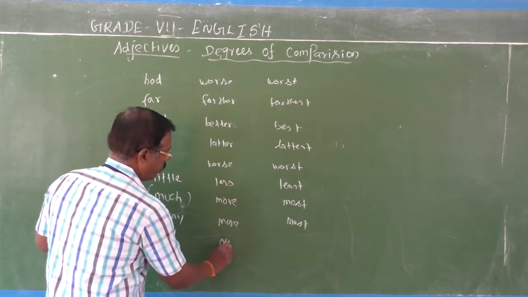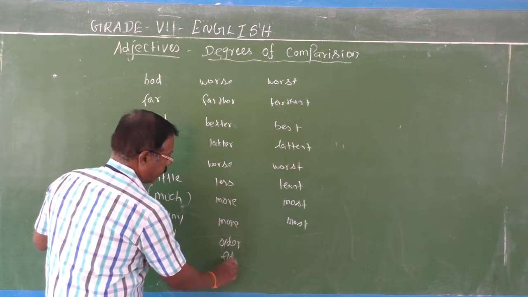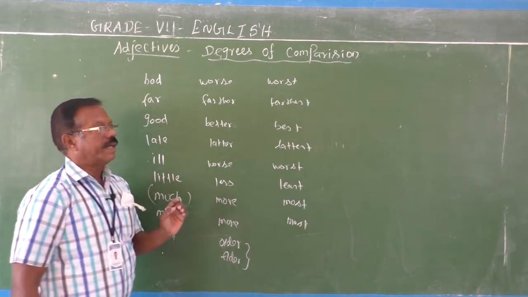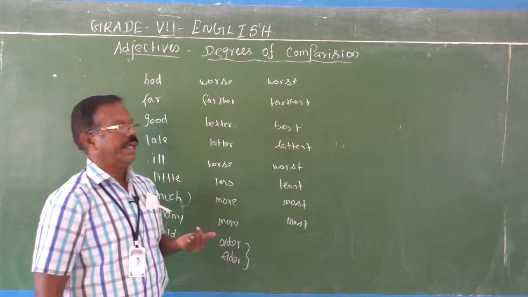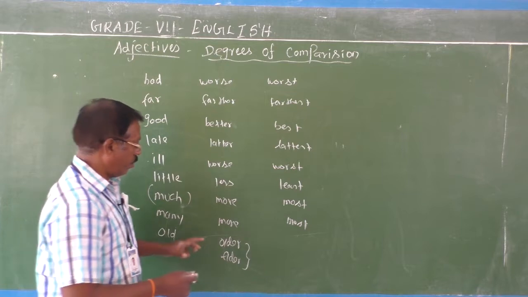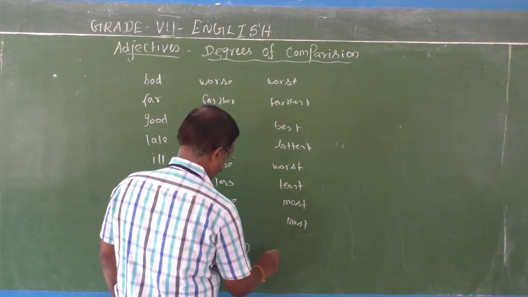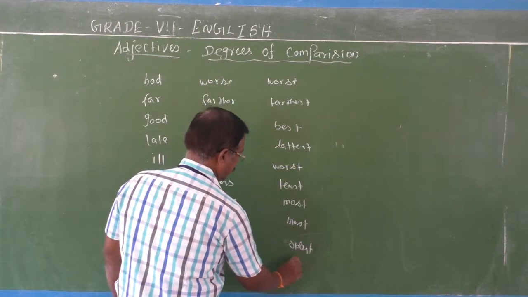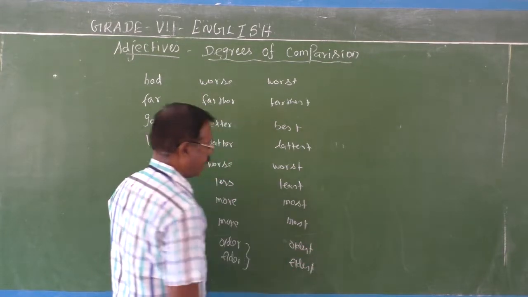Old, older, elder, both are used. See, when you talk about the age of a building, or the age of a person, there you can use older. Then superlative form, oldest and eldest.